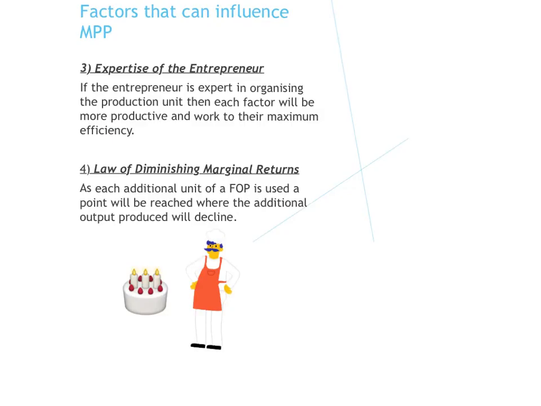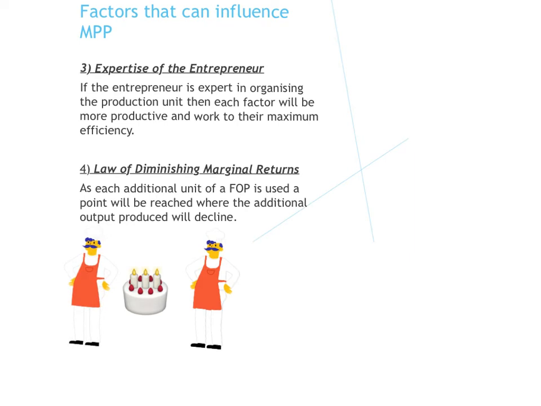Okay, so let's take our example of a bakery, and we have to make one cake, and we have one baker to make one cake. Then we know that if we have to bake the cake, mix up the ingredients, cook it, and then decorate it, that would take a lot of time. So it might be better if we have 2 bakers to bake the cake.